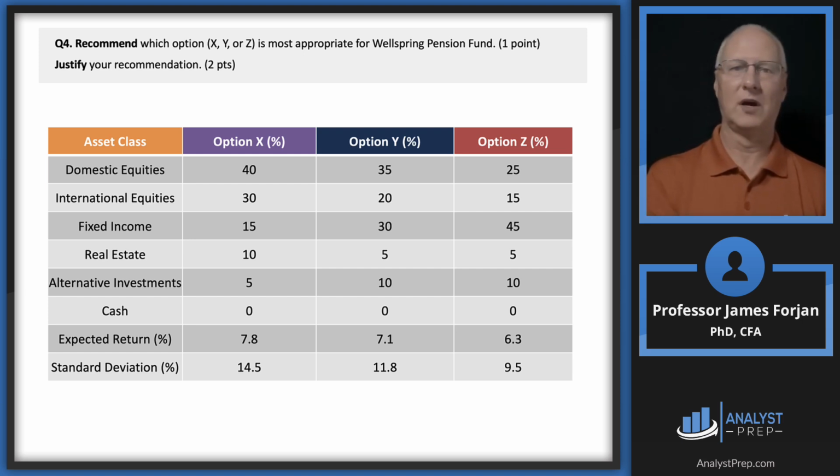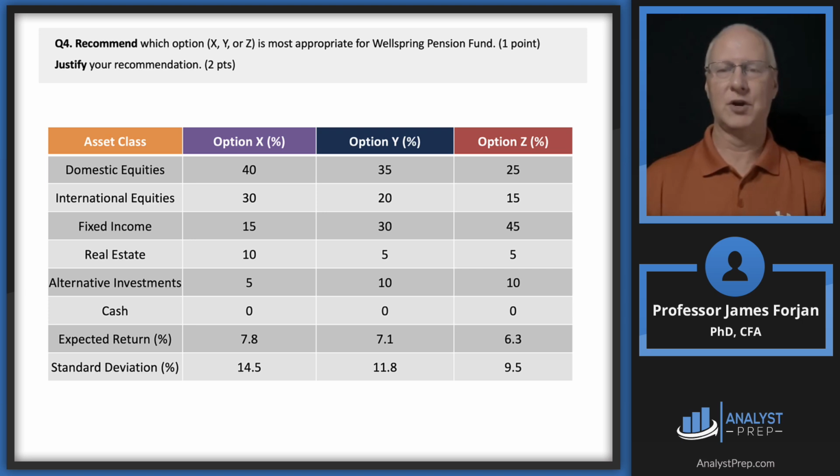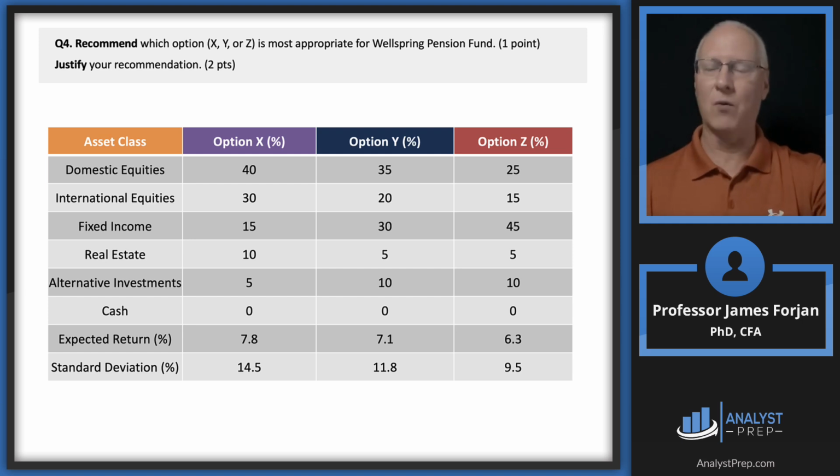Let's suppose there's an option W where it's consistent with both the risk and return objective, expected return and standard deviation. Maybe that would be 7.2% return and 10.9% standard deviation. That would be the ideal one. So if you get a hold of that one, then if there's a W, go with that one.